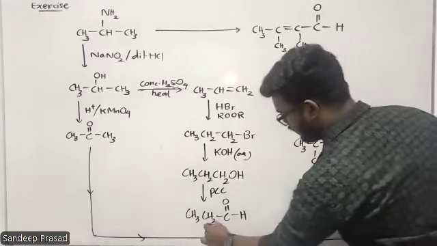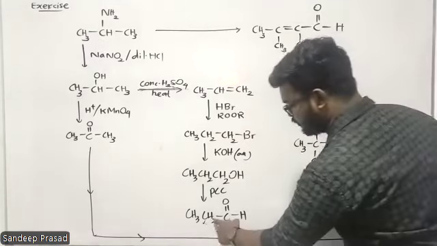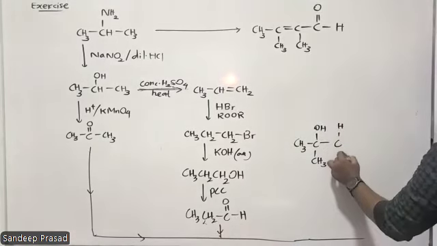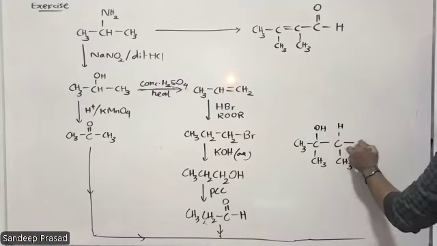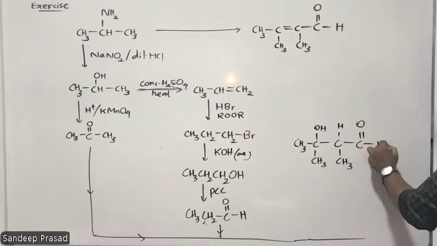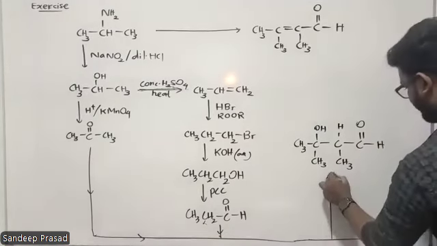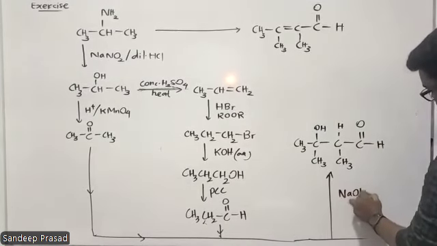So this is the alpha carbon. I'm going to remove hydrogen from there. Then CH3, C double bond O. So this is what? Diluted aqueous sodium hydroxide.